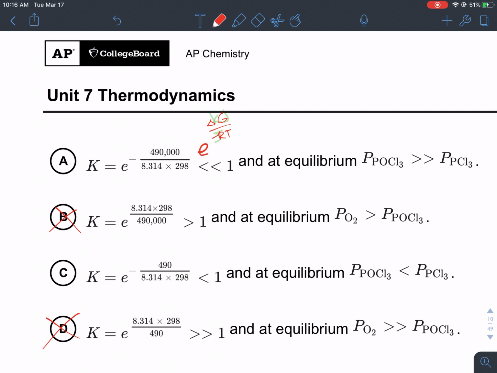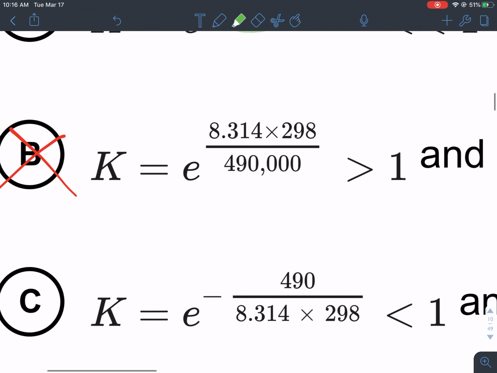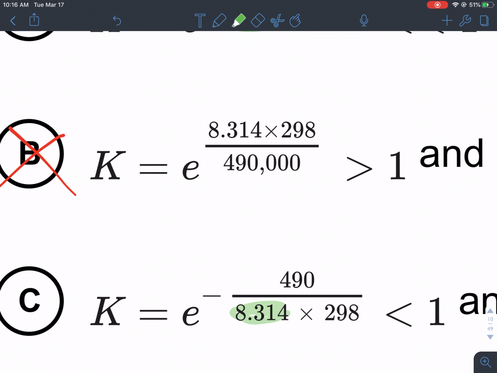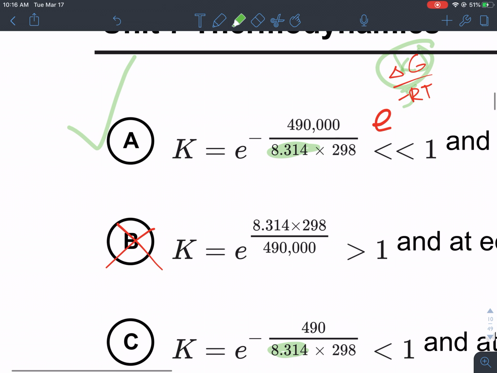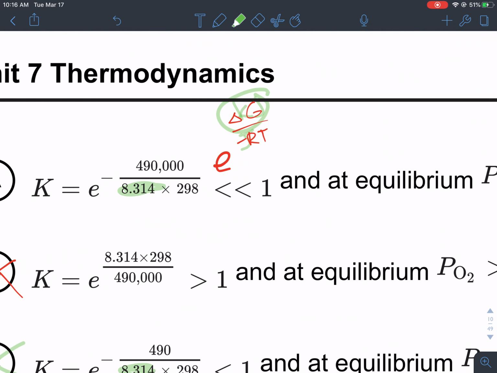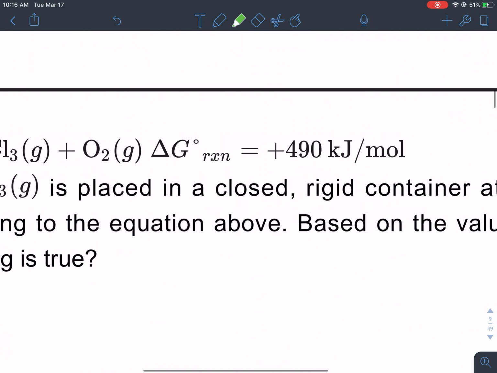They did not change that 8.314 in any of these. So instead of making R into kilojoules, they made the numerator into joules. That means the correct answer is A. They multiplied it by 1,000 to convert delta G from kilojoules to joules. The question tells you it's in kilojoules, and it is your job to know that the R, 8.31, is in joules.